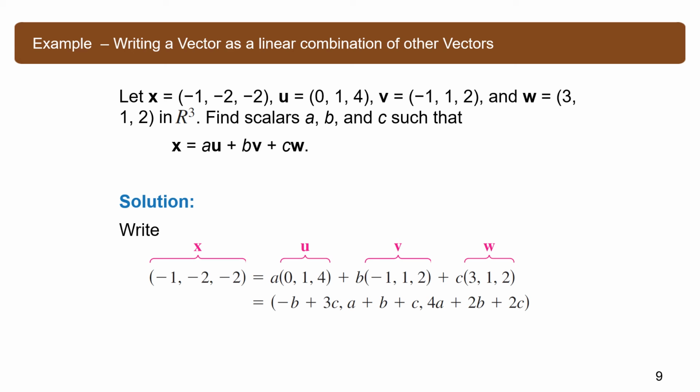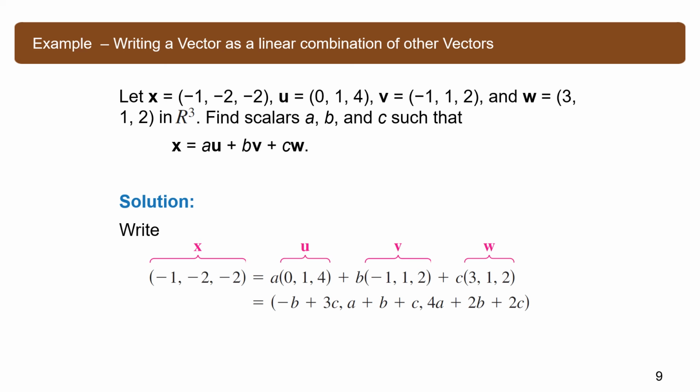So we can write x bar as a times u bar plus b times v bar plus c times w bar. When I multiply by a, b and c, and then combine all the i, j, k components, I have negative b plus 2c, a plus b plus c, 4a plus 2b plus 2c. So each component must be equal.